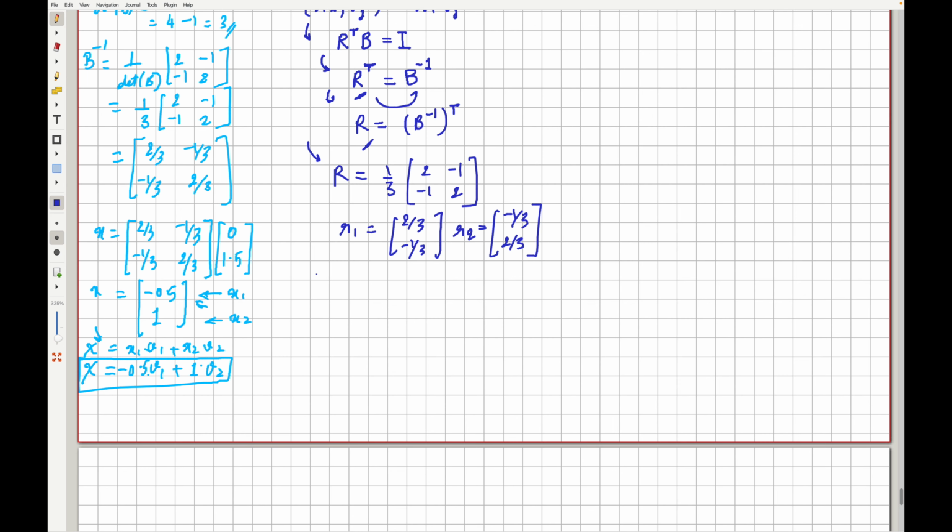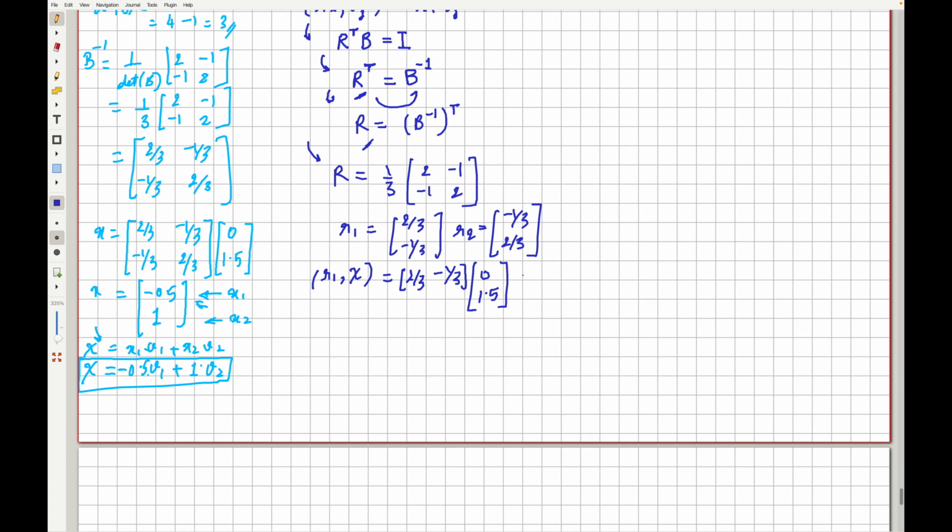And if we now compute the coefficients by inner products, let's say r1 and x, let's write it like this: 2 by 3 minus 1 by 3, dotted with x, and x, as we know, is 0 1.5.